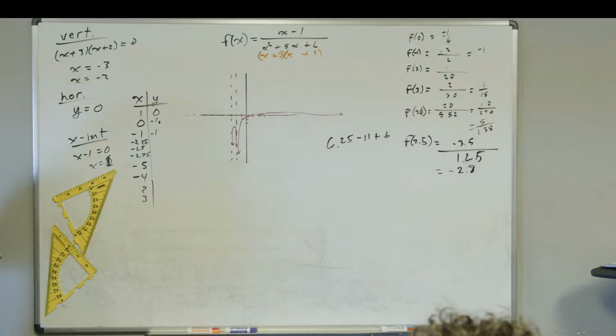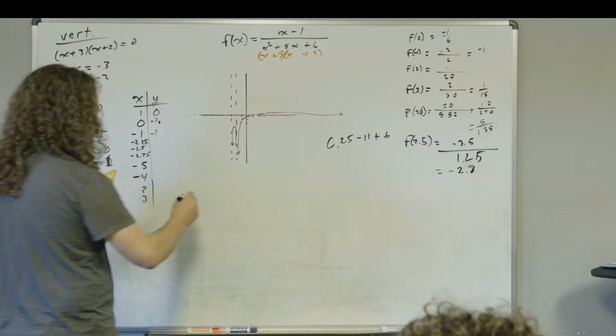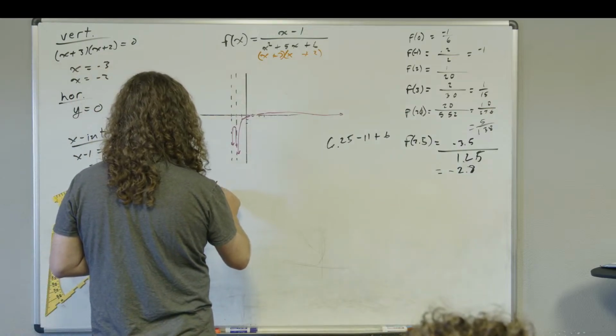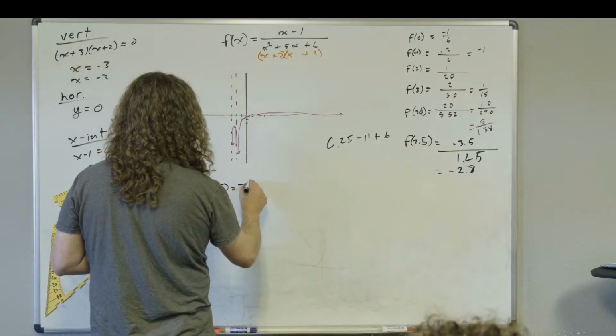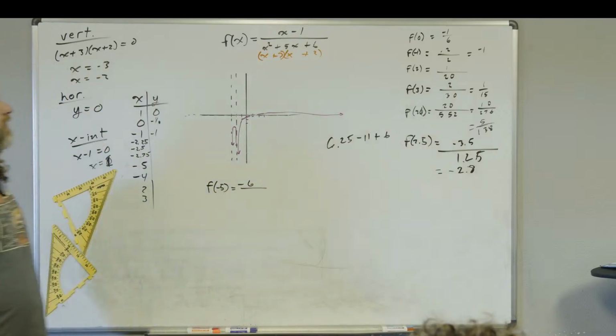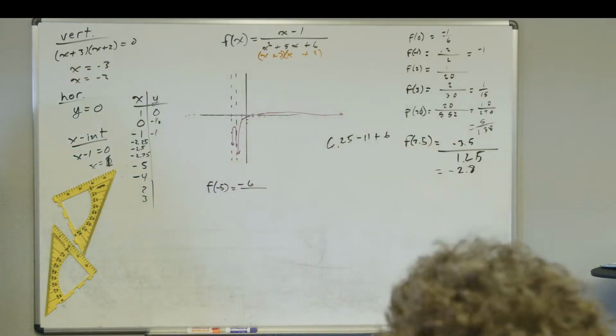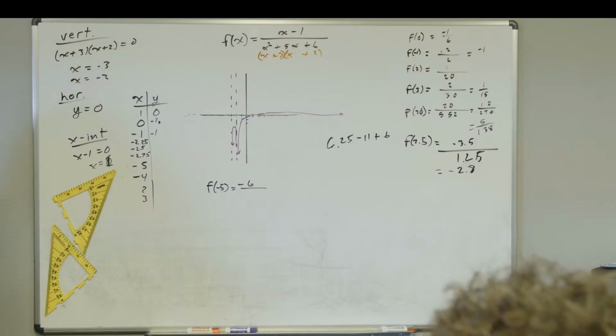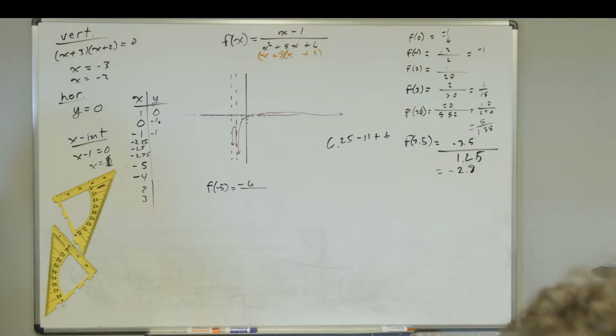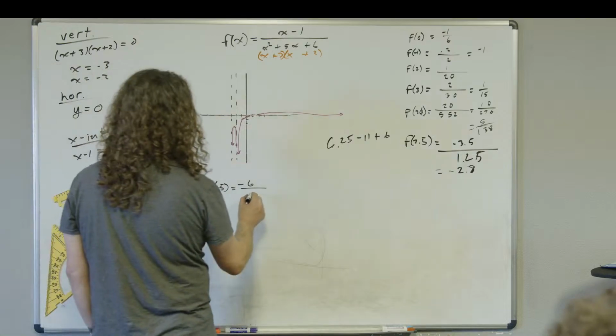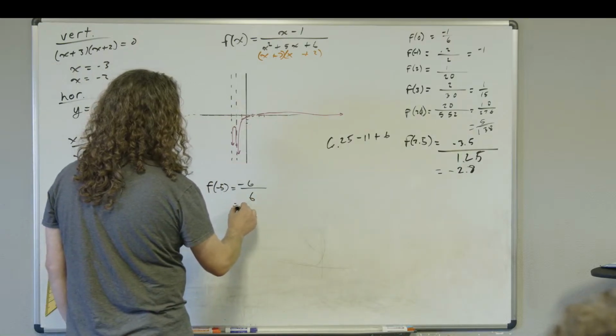Now we need some stuff over here. Negative 5. F of negative 5. Negative 5 minus 1 is negative 6. Yes, it is. Negative 6 over. Oh, not negative 6. Negative 5 squared is 25. Minus 25 is 0, so it's over 6. So it equals negative 1, right?